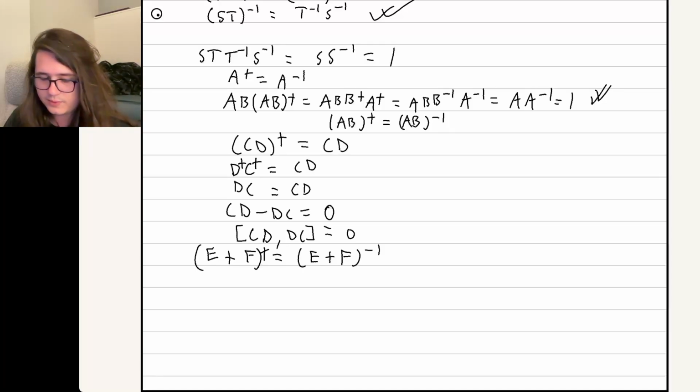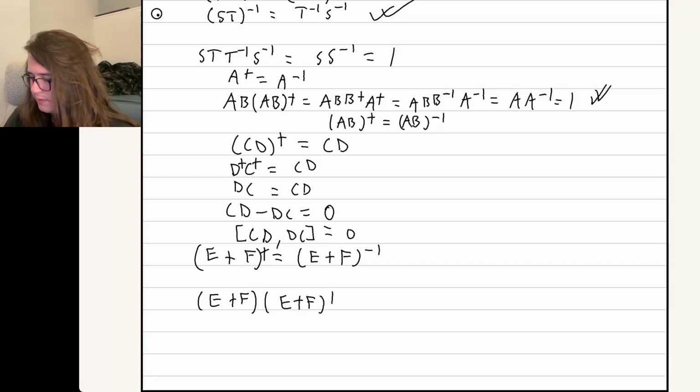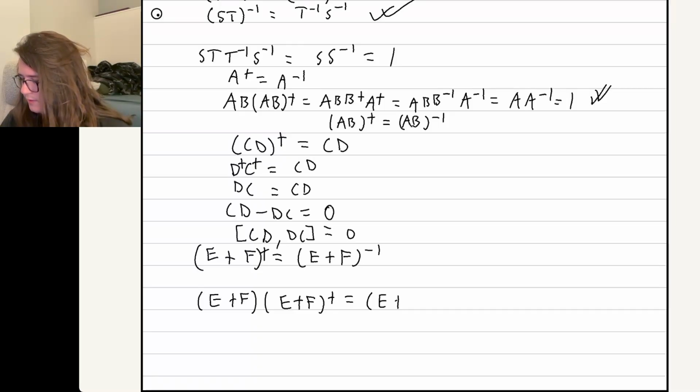So what we're going to do is multiply E plus F, the unitary matrices, times the Hermitian conjugate, and see if it equals 1. If so, then the sum of the two will be unitary. So we've got E plus F times E dagger plus F dagger.